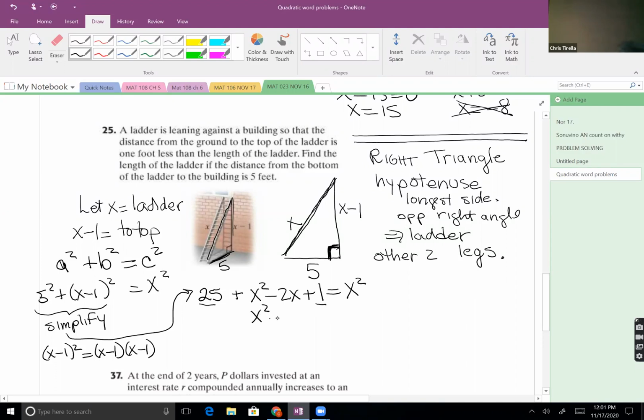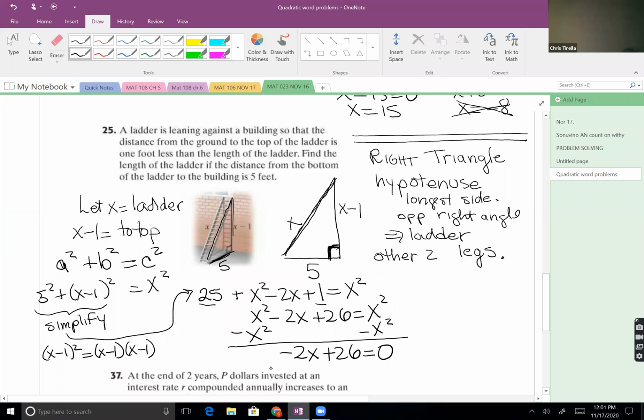So I've got x squared minus 2x plus 26 equals x squared. Because of this x squared, we're going to make one side 0. So we'll subtract x squared from both sides. That gives me negative 2x plus 26 equals 0.